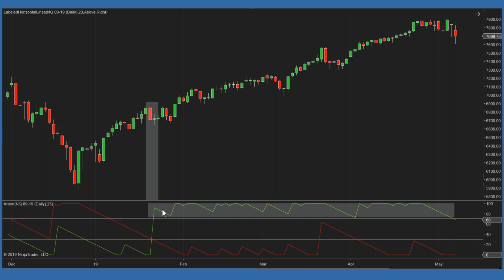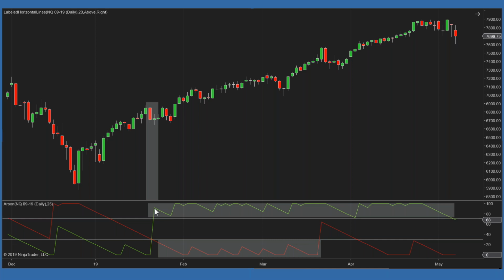If you're looking for additional confirmation, watch for when the red line gets below the 30 zone. Then you've kind of got the double whammy. You've got the bulls and the bears both at extremes.